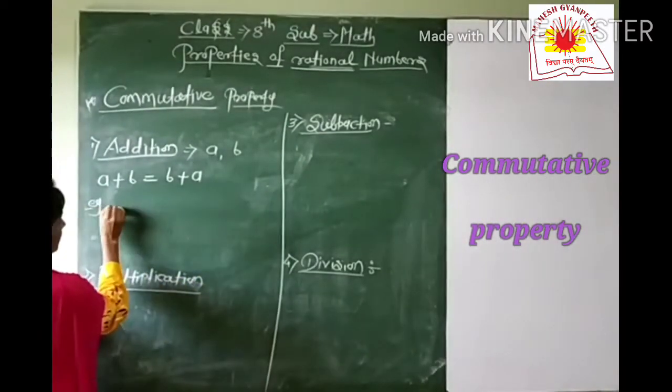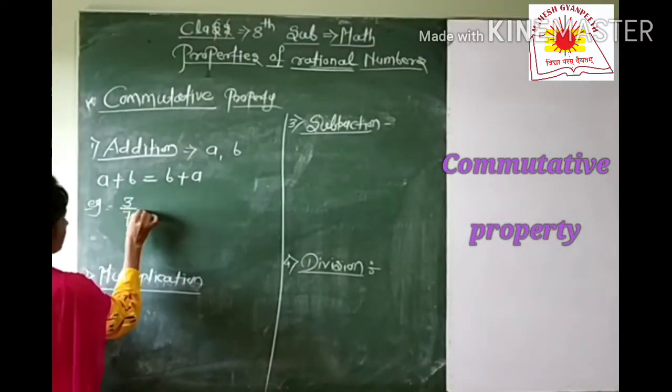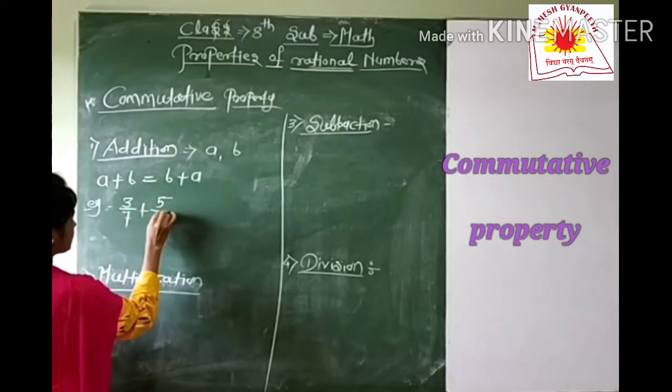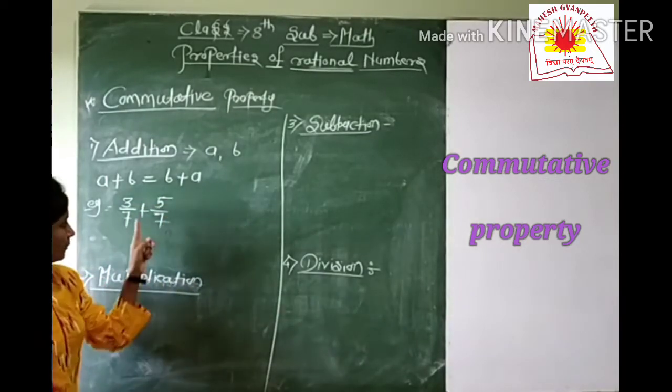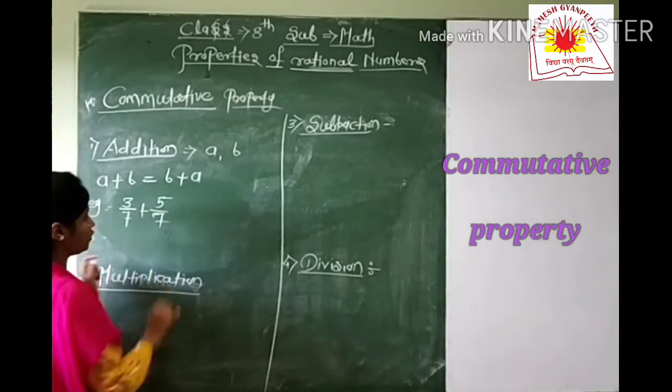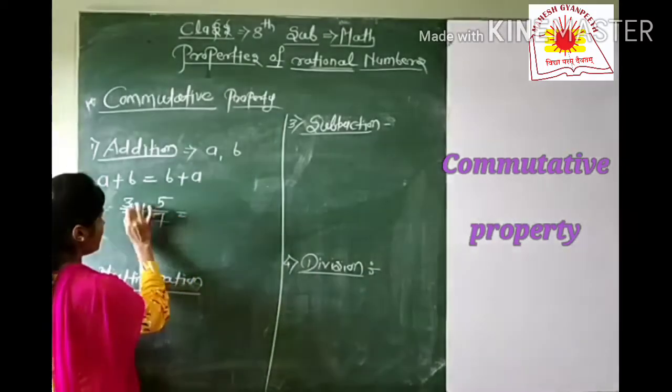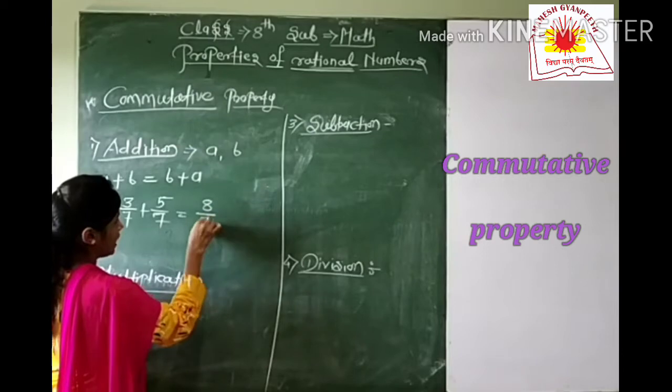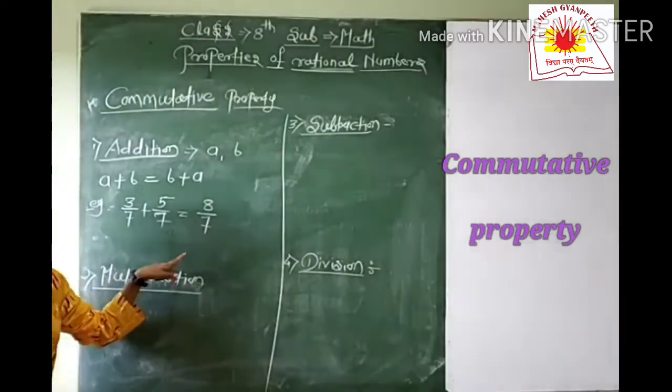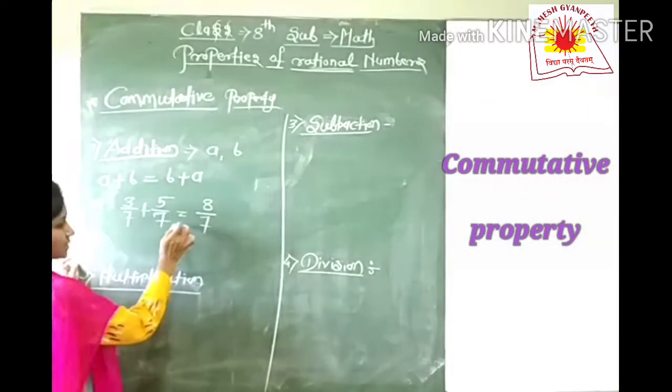One example is 3 upon 7 plus 5 upon 7. Now add. 3 plus 5 is 8 upon 7. Okay, now this is the other side.